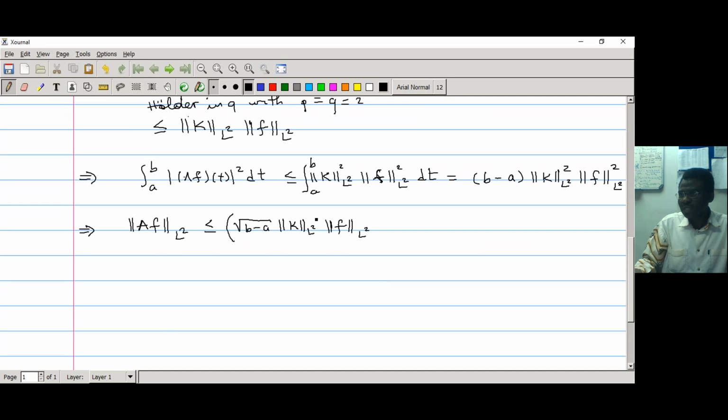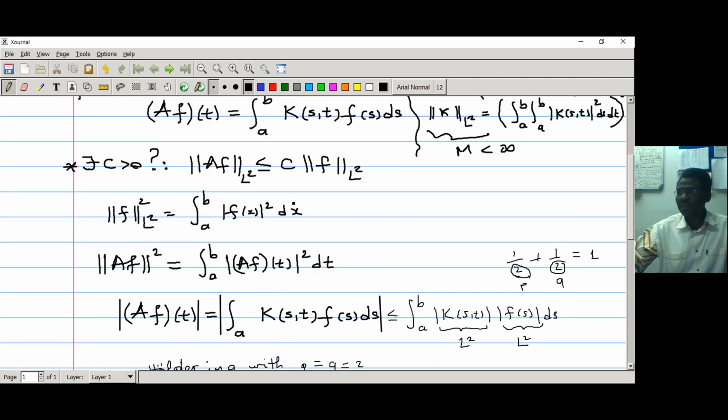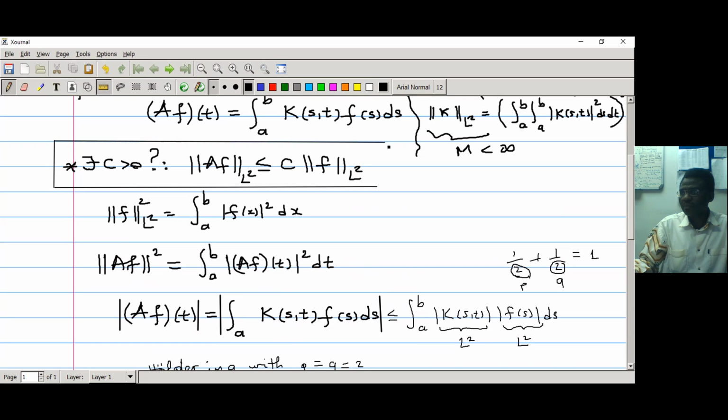Remember that what we wanted was a factor of the 2-norm of f, which is here. So remember that this is what we are looking for. Right?